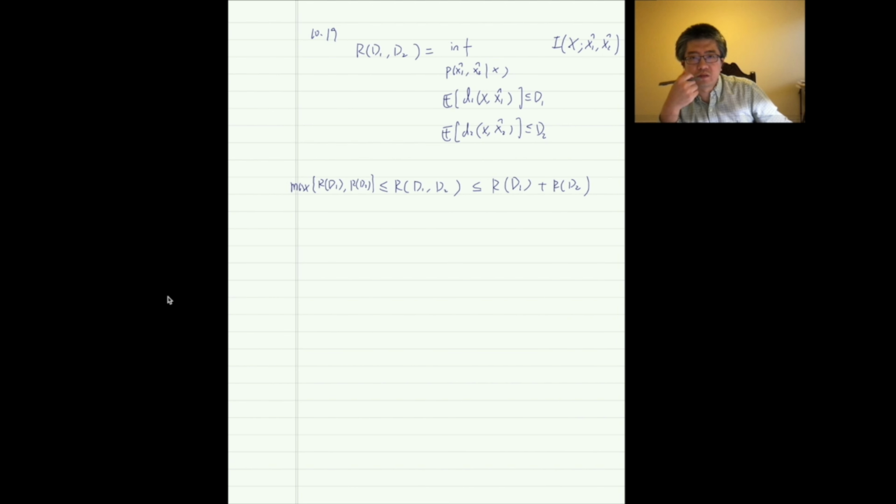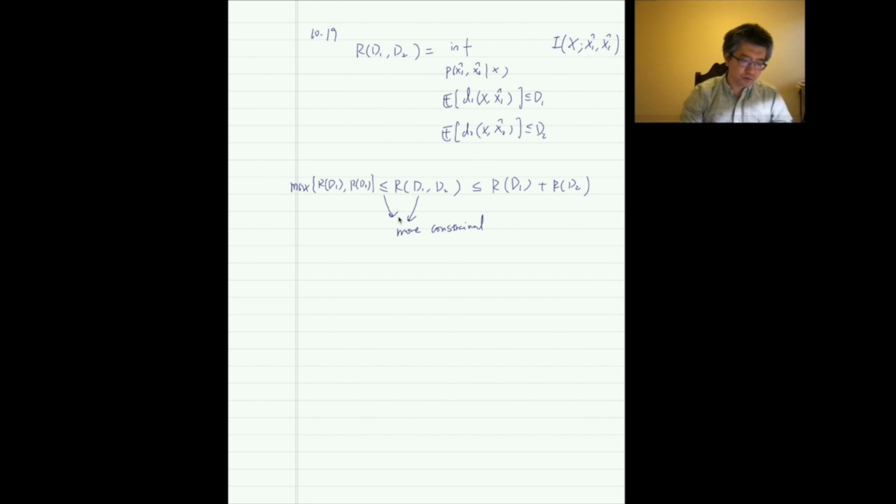Okay, so why is that? This is because this is a more constrained problem, right? For each of these individual problems, we just need to guarantee one of those conditions. But for this one, we need to guarantee two conditions simultaneously, right? Therefore, this is a more constrained problem, and that's why it can be lower bounded by the maximum of these.